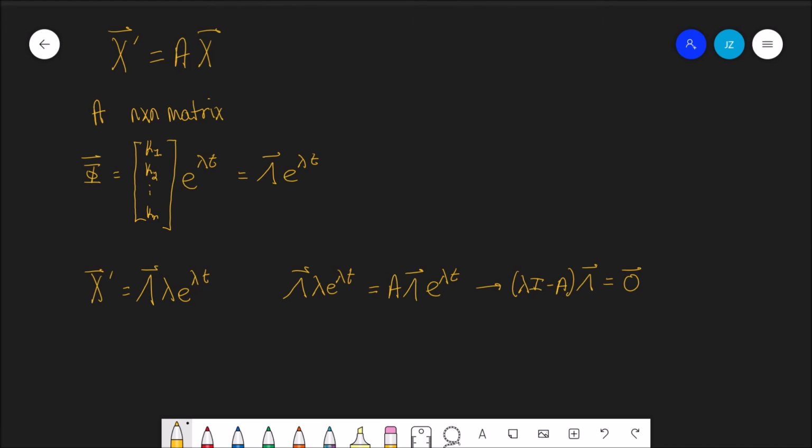So in order to find a non-trivial solution to this equation, a non-trivial solution exists when the determinant of lambda I minus A is equal to 0.